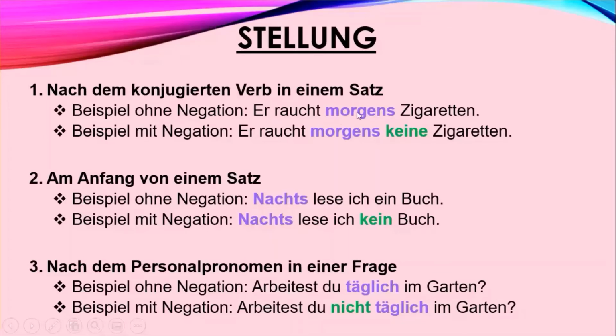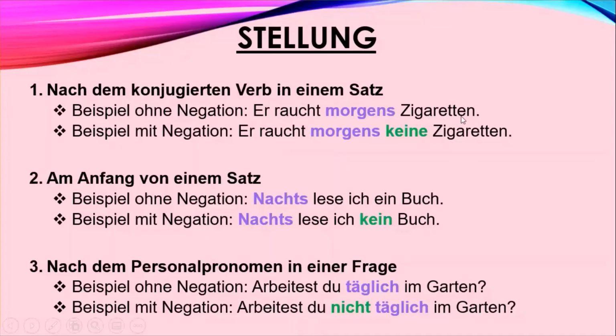Er raucht morgens Zigaretten. He smokes cigarettes in the mornings. There is a new verb here and a new noun also. So first of all, the new verb is a regular verb and it is rauchen, to smoke.